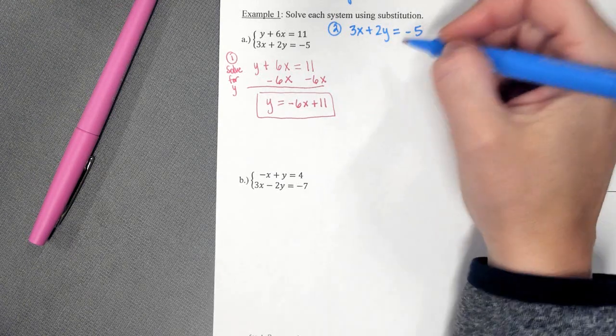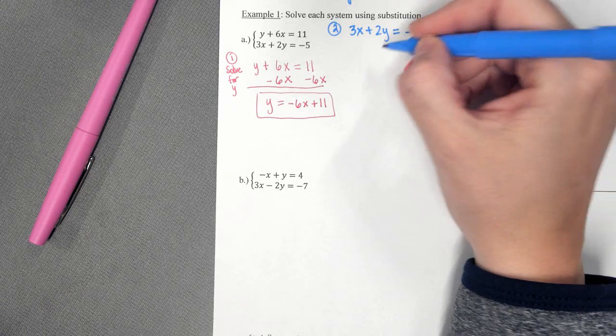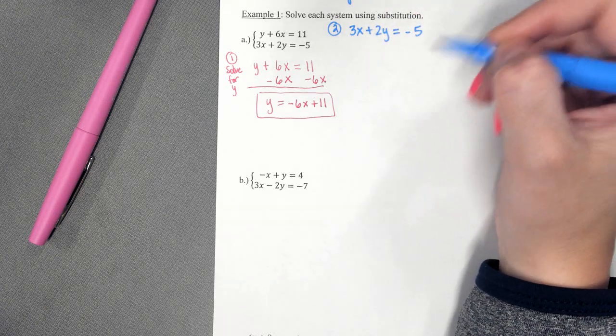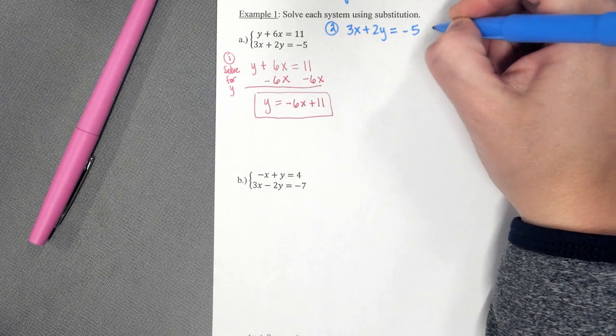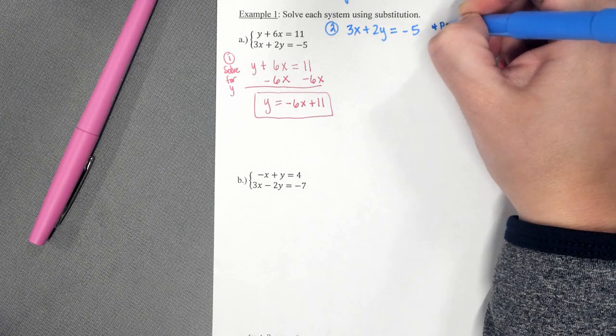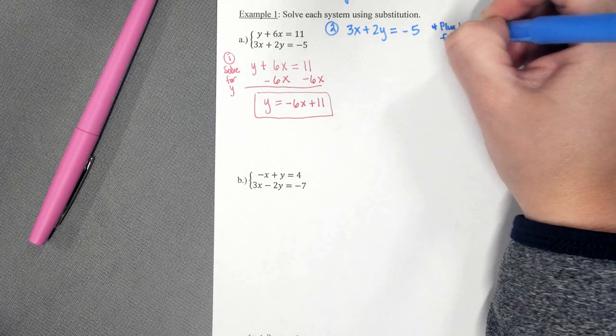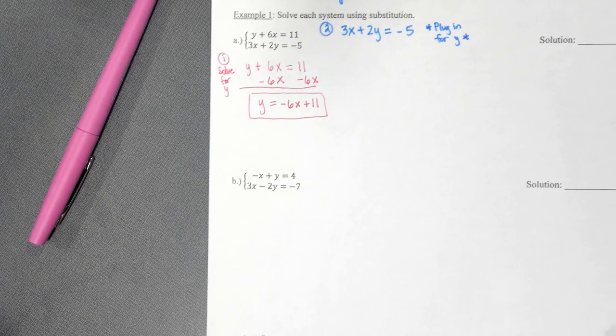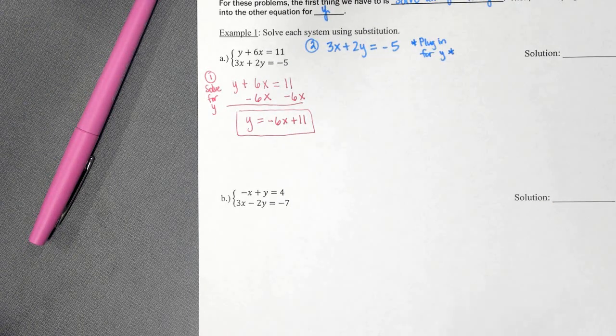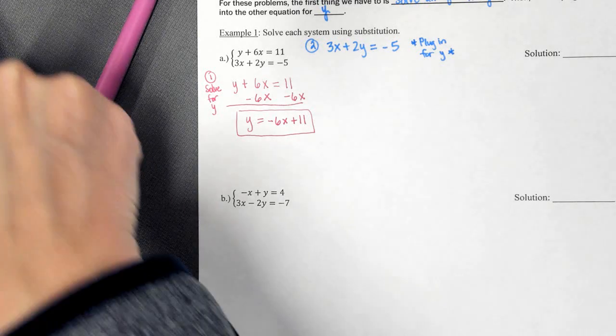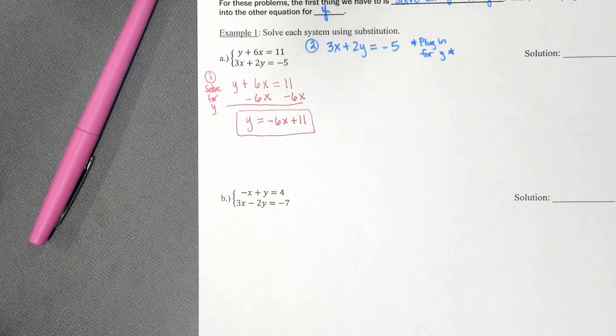Okay, and then once you have this, you're going to just plug in y. So in step 2, you're going to plug in for y. So yesterday we learned how to plug in an expression for y. Do you guys remember how we do that?